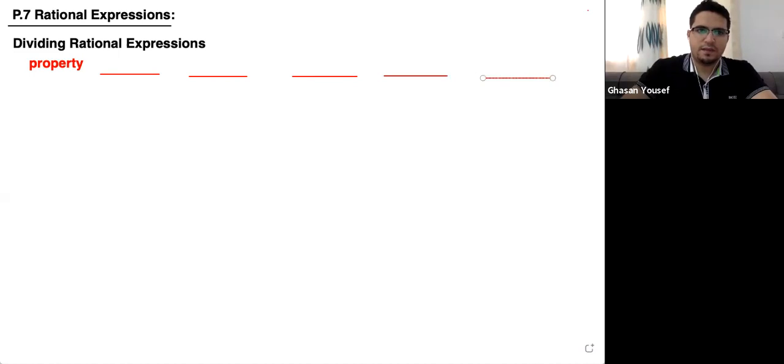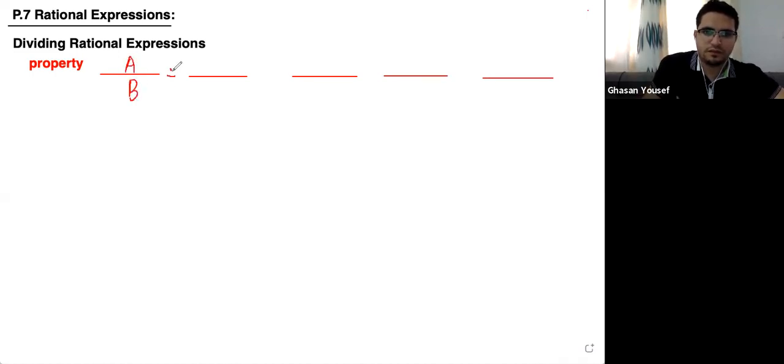So if I have a over b dividing by c over d, two fraction expressions, this is equal to a over b. We change the divide to multiplication, so we have to flip this fraction, which becomes d over c.